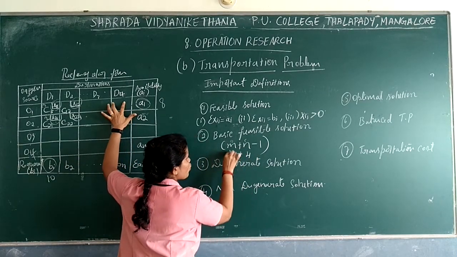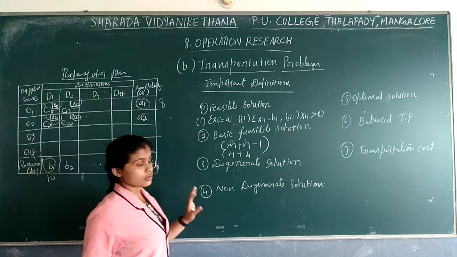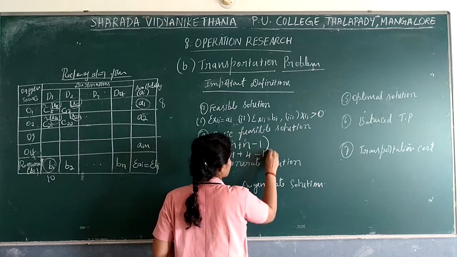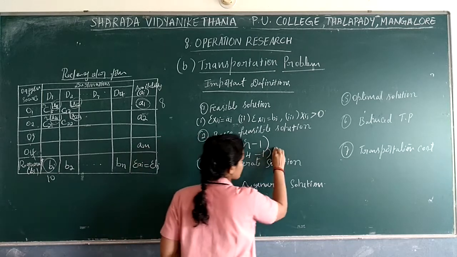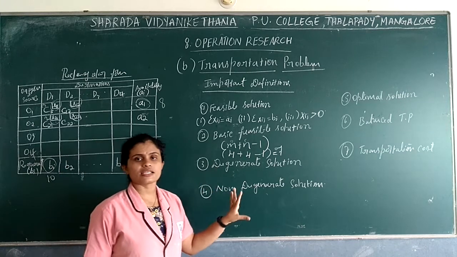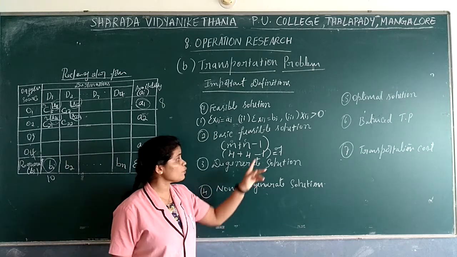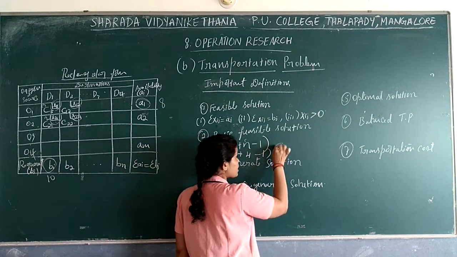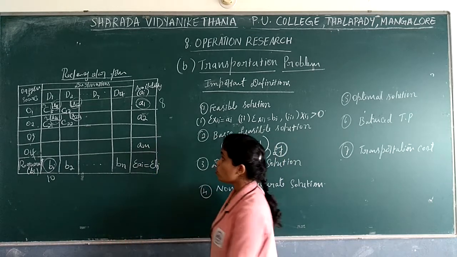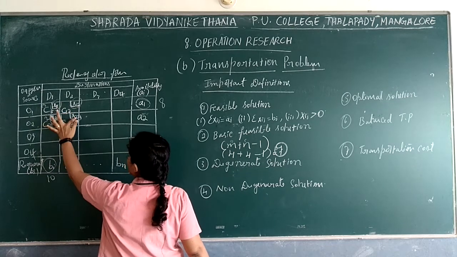Plus how many rows? Row m plus n minus 1. For easy understanding, row plus column minus 1. And what answer we get here, if that is equal to what allocation we do here.